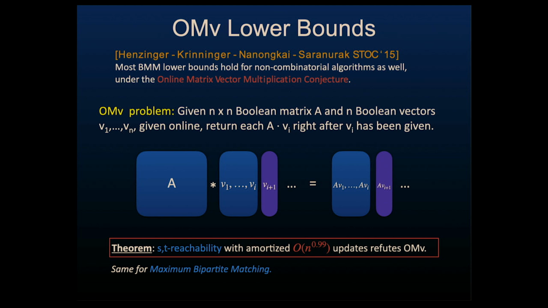But if you don't know the matrix, you cannot split it into blocks and use these cancellations. So there's this conjecture that says that in the unweighted case, triangle detection, BMM, these things in the dynamic setting are hard. And if you use that, you get some lower bound for ST reachability and so on.